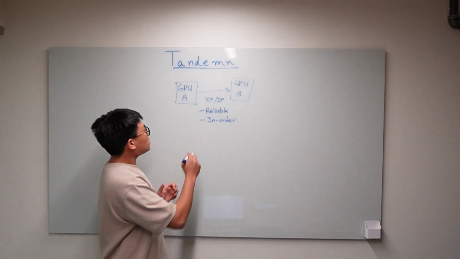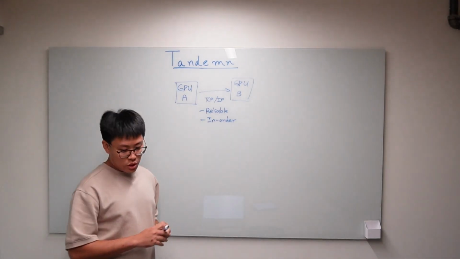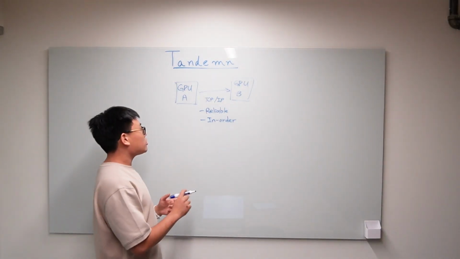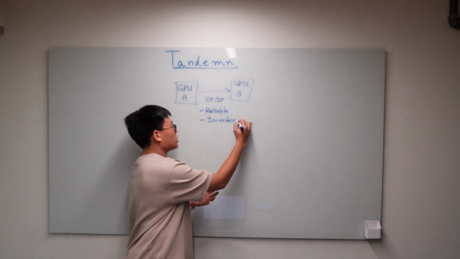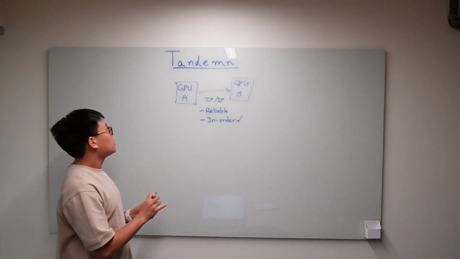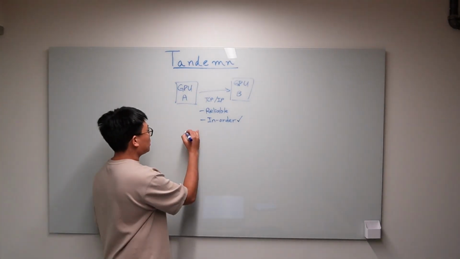Particularly, TCP/IP isn't very suitable for HPC kind of workloads. Why does that happen? One of the big reasons is the in-order property. In HPC workloads, a lot of it depends on many nodes.